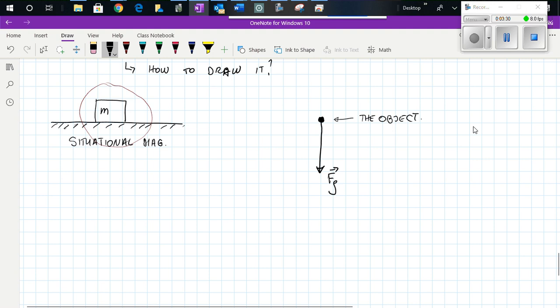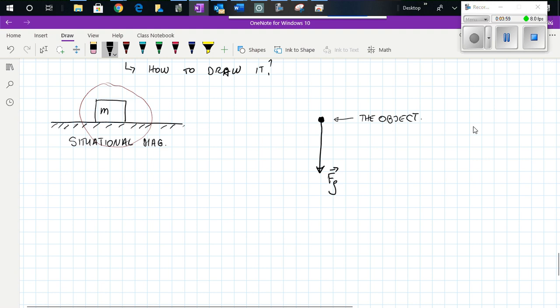So now, do we have any other forces? After you deal with the universal forces, you ask yourself, do I have any other forces? Do I have a force applied? No. Do I have a force of tension? No. Do I have a spring? No. Do I have an object that is on a surface on the situational diagram?